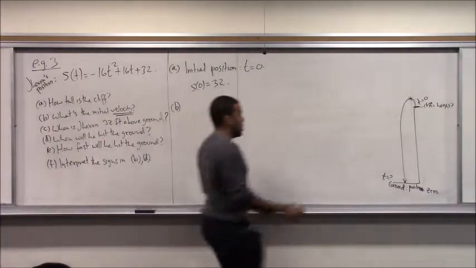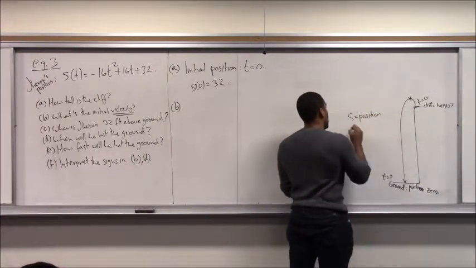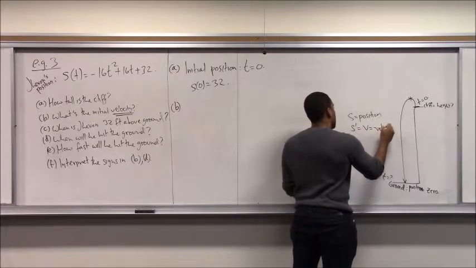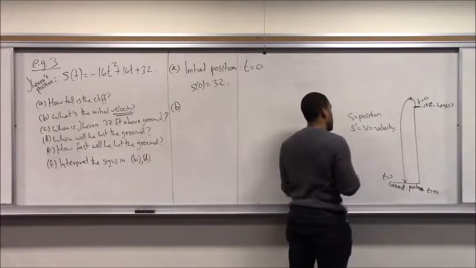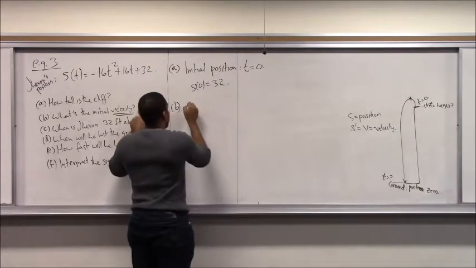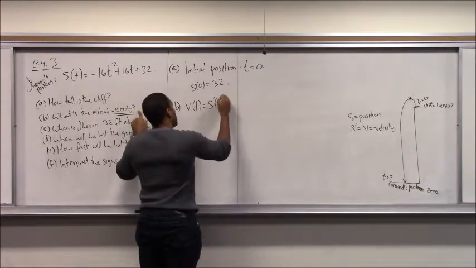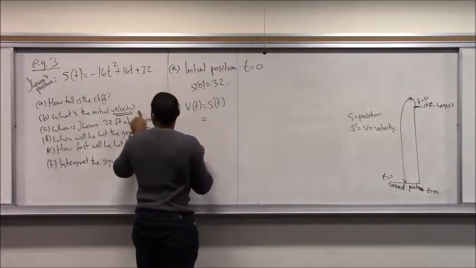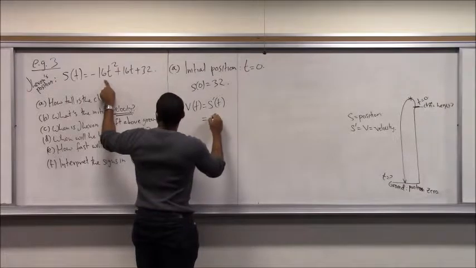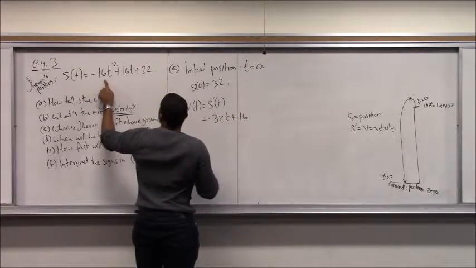So remember, if s is position, then s prime is velocity. So if you're asked about velocity, you should be taking the derivative. So what I'm going to do here is find the velocity function. This is going to be the derivative of the position function, minus 32t plus 16.